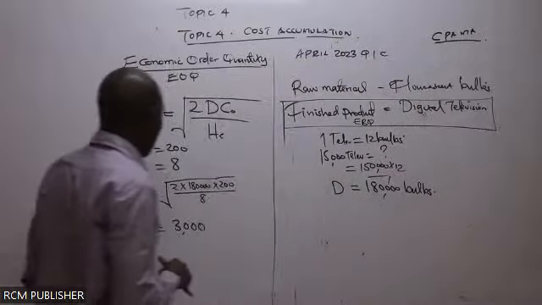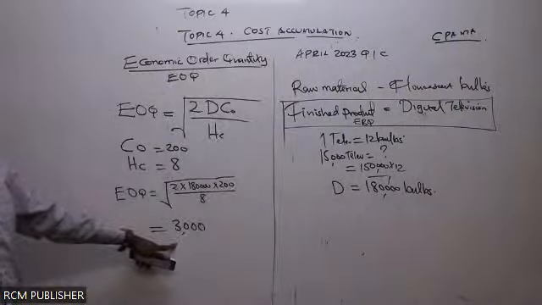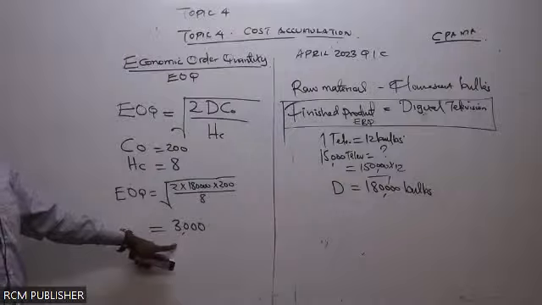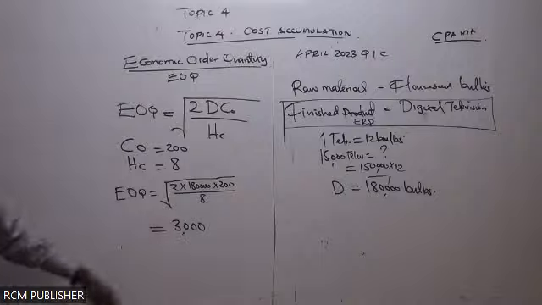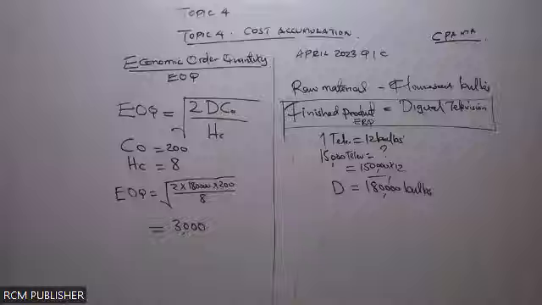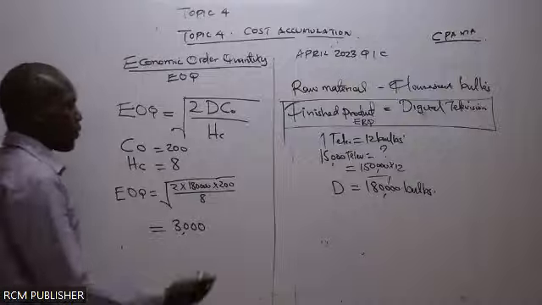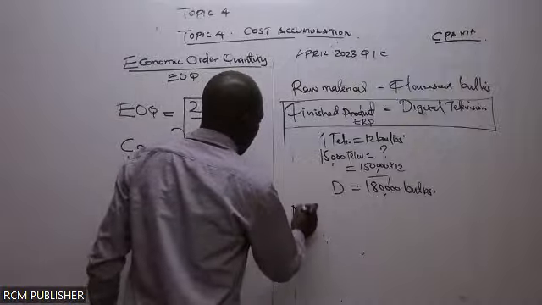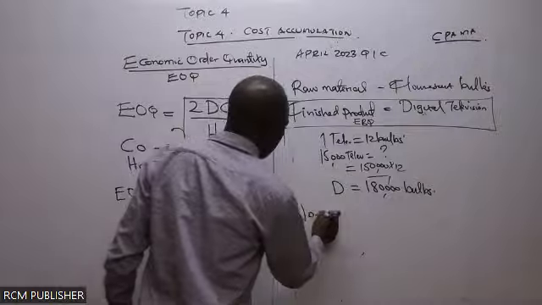The economic order quantity is equivalent to 3,000. How do we get number of orders? I've just said it some minutes ago.